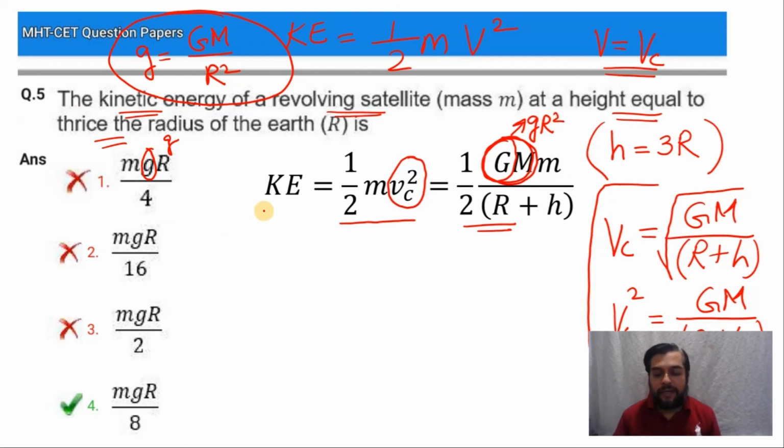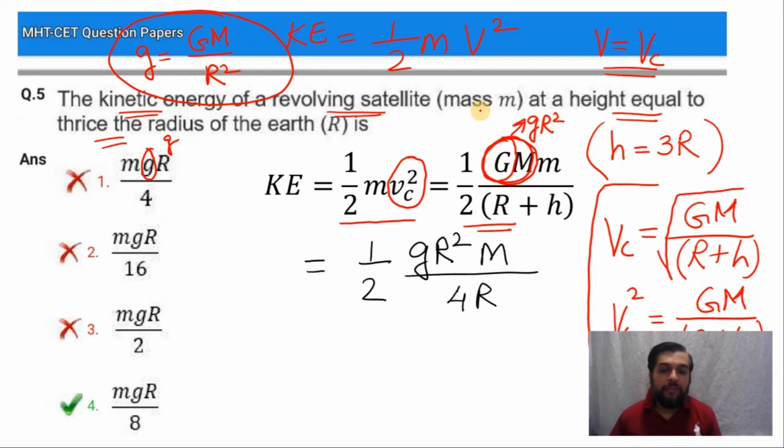So this kinetic energy will become finally half into g r square into small m upon, now, r plus h. Now what is h? h is nothing but 3r. So 3r plus r will become 4r. So that's why we have written 4r over here.